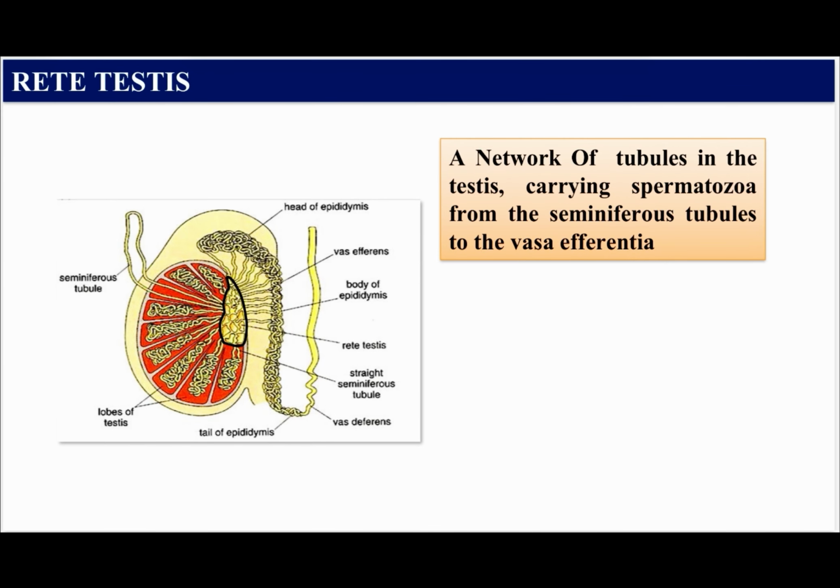Now, what is the Rete Testis? This is our Rete Testis. It is a network of tubules in the testis which carry the spermatozoa from the seminiferous tubule to the Vasa Efferentia. We already learned the definition in this slide.